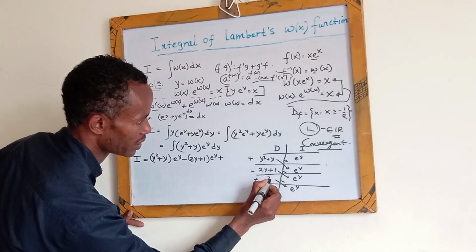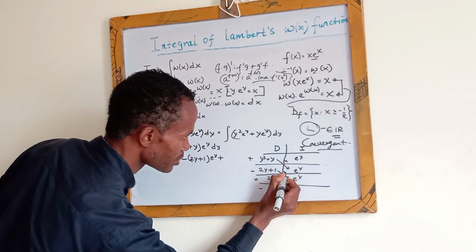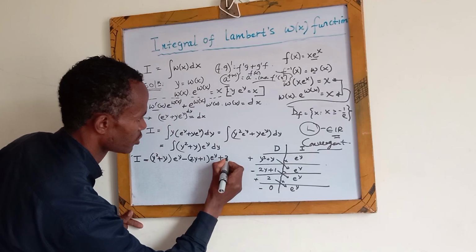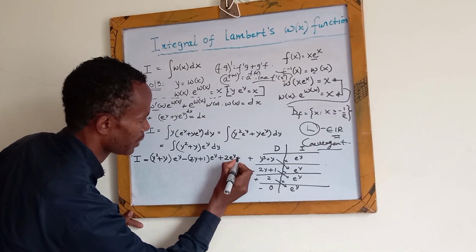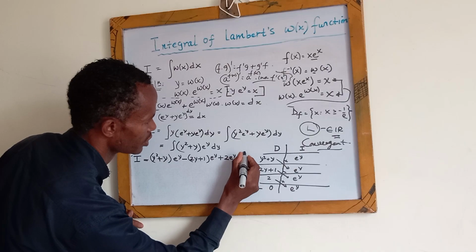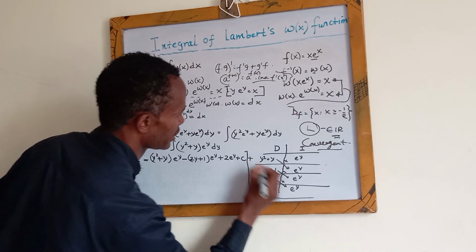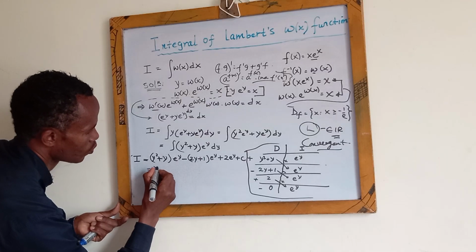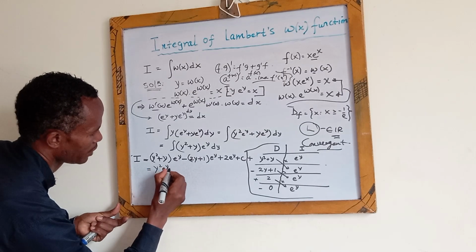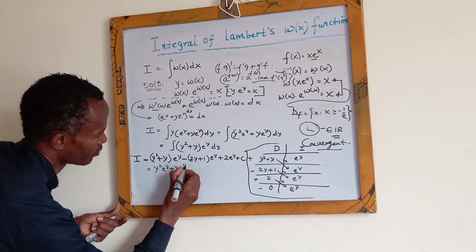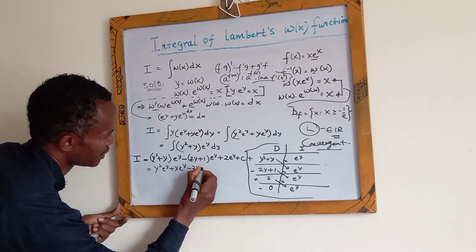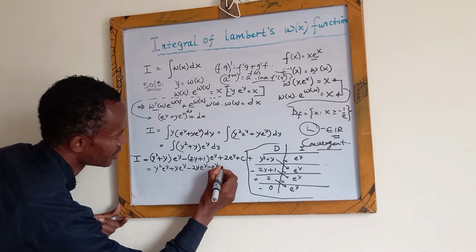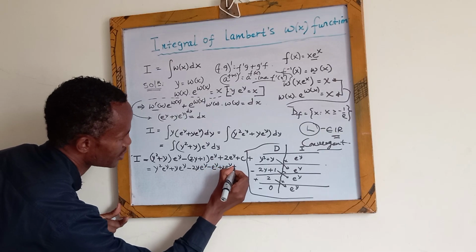Then plus 2 times e to the power of y, and you can never change these signs. So this is y squared e^y plus y e^y minus 2y e^y minus e^y plus 2e^y plus c.